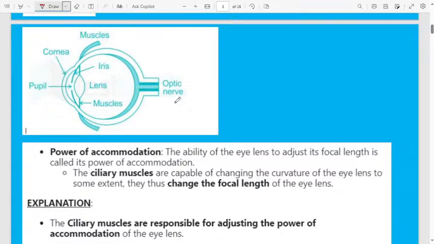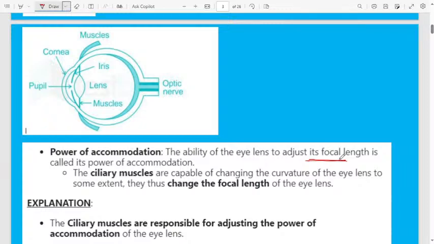See, this is the structure of the eye. Power of accommodation: the ability of the eye lens to adjust its focal length is called power of accommodation. The eye contains a natural lens, and to get a proper image on the retina, we have to adjust the focal length of the lens. To get a clear picture, your eye has to adjust its focal length.